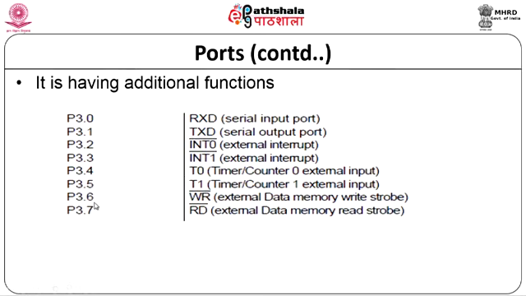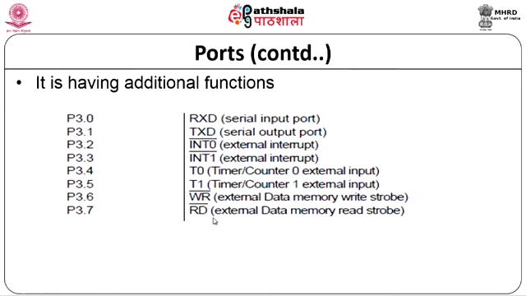And pins 3.6 and 3.7 are for external data memory write strobe and read strobe. If it is internal memory, nothing is needed. But if I am looking at external data memory, then whether I want to write or read, I have to send it through these 2 control signals, which are useful to read and write from your external data memory.